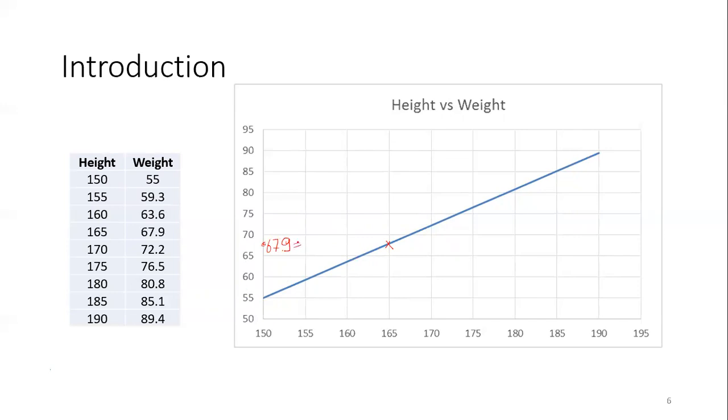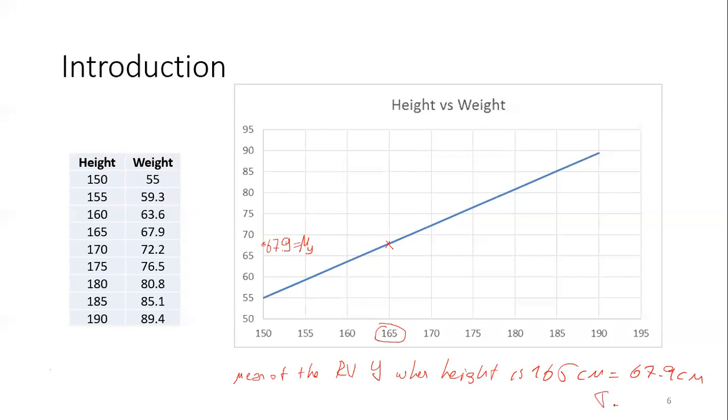So this is mu of y at 165, when the height is 165 centimeters. So the mean of the random variable y when height is 165 centimeters is equal to 67.9. What is the standard deviation? The standard deviation is equal to 10 centimeters, right?